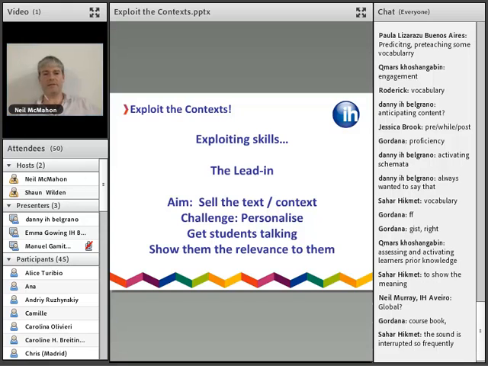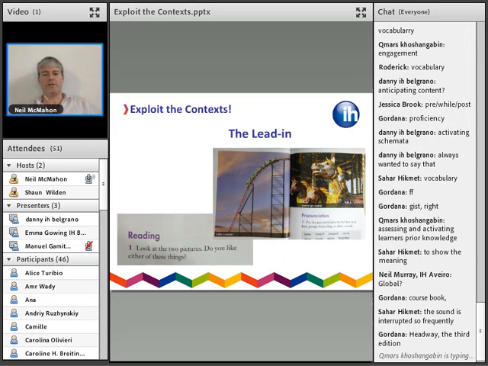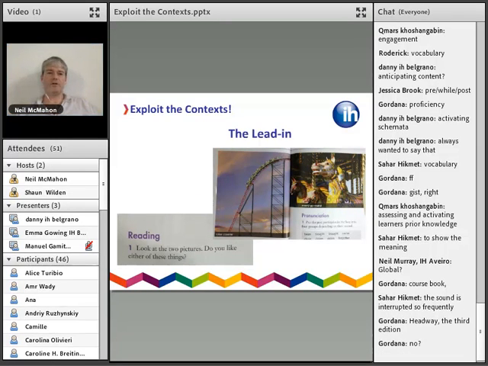So it is a skills lesson. Let's see. Yeah, I think you're actually answering a different question. You're actually talking about what would you do in the lead-in. But Jessica's more along the lines of what I'm asking for, which is what kind of tasks you are doing. So I would start with the lead-in. She's got a pre-task, a while task, and a post-task.